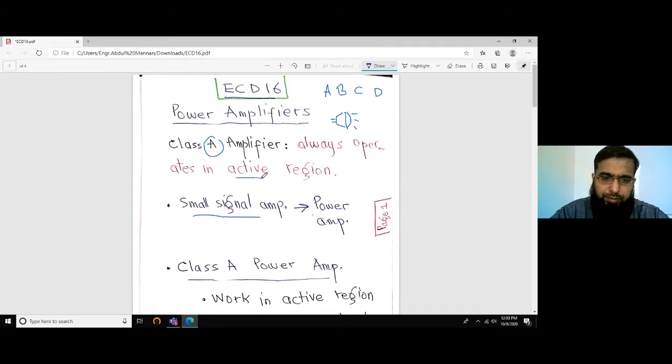This is a similarity between the class A and the small signal amplifier, and the difference is that the class A amplifier works on a larger part of the AC load line compared to the small signal amplifier. So there is one similarity and one difference. So let's move ahead.